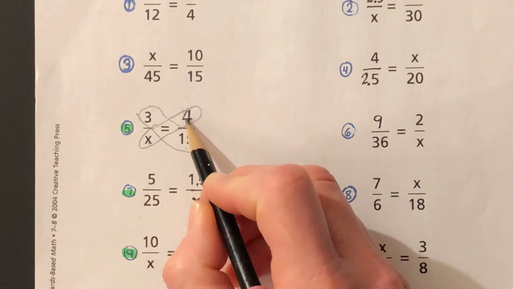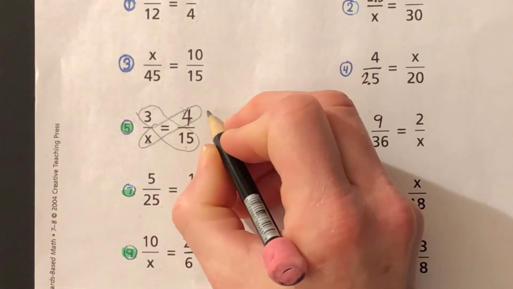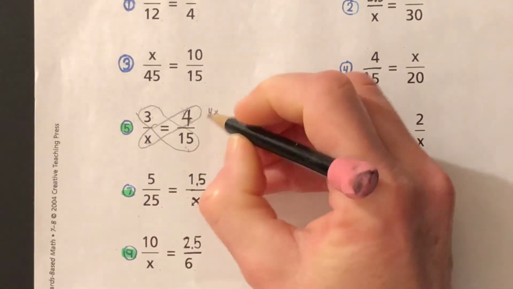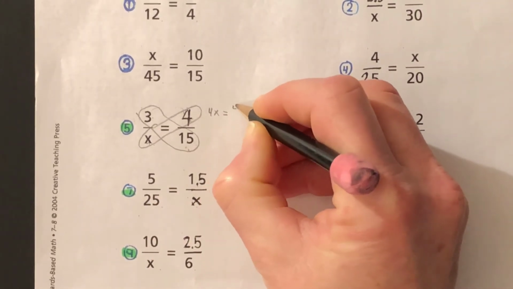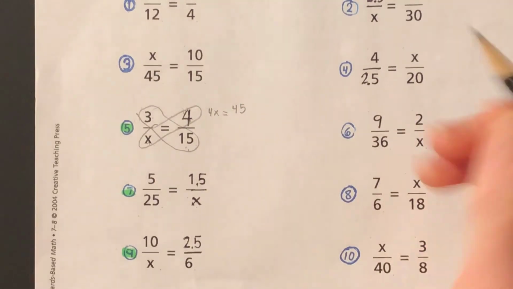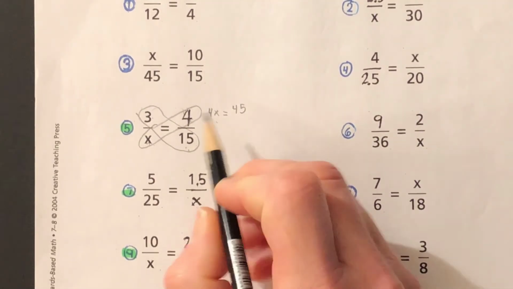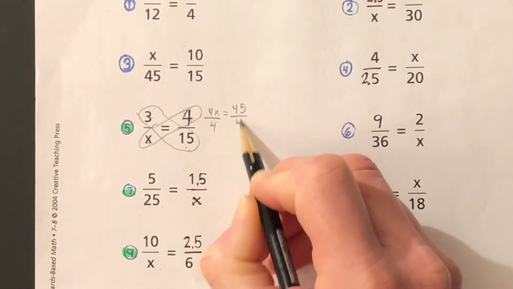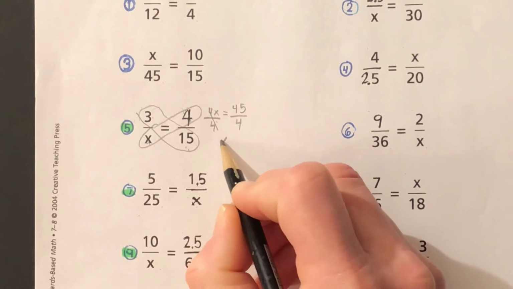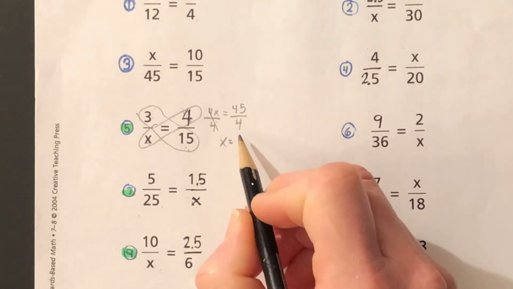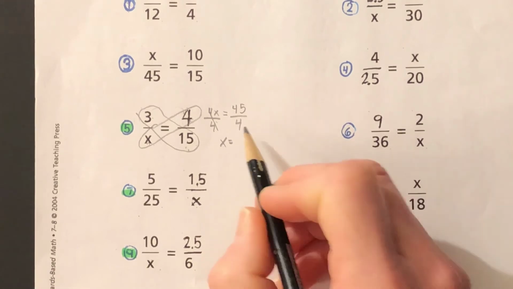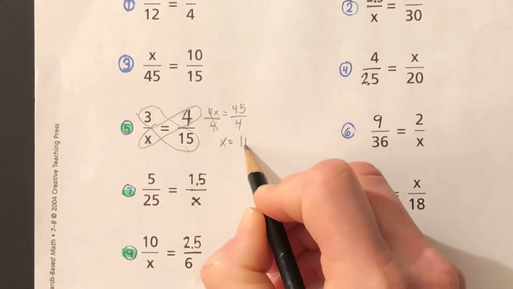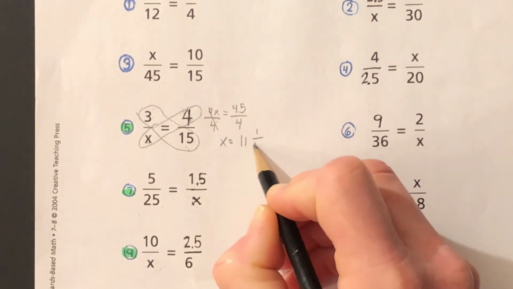Number 5, notice here I have 3 over x and 4 over 15. I cannot reduce that. Because I can't reduce that, and I can't easily go from here to here, I will use the standard algorithm. So I will cross multiply. This gives me 4 times x, I'm going to write my work right here, it's 4x. 3 times 15 is 45. When I solve for x, I will divide both sides by 4. That cancels out. I won't end up with a whole number. 4 goes into 45 11 times with 1/4 left over.